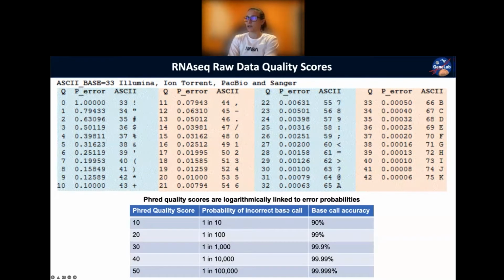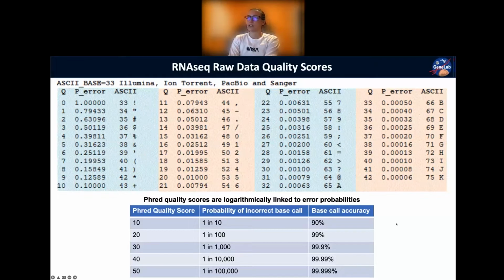Just to interpret these here, if you have a Q score of 10, you have an error rate of 0.1 or 10%, which means that your base call accuracy is 90%. Going down the line, if you have a Q score of 40 over here on the right, that's equivalent to a 0.0001 error rate or a 0.01% error, which is a 99.99% accuracy in your base call.